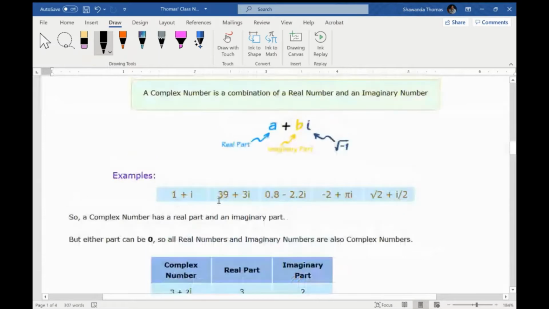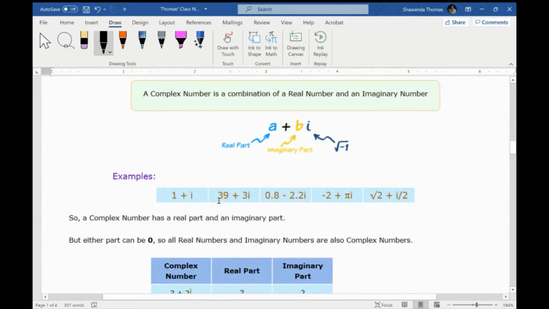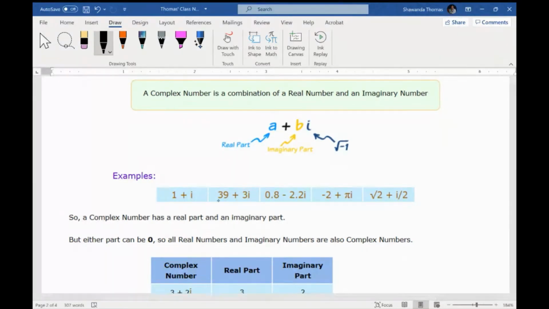A complex number is a combination of a real number and an imaginary number. The standard form, write this down, is a + bi. So this is the standard form of a complex number.